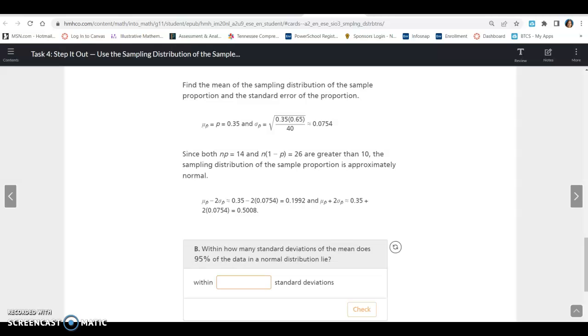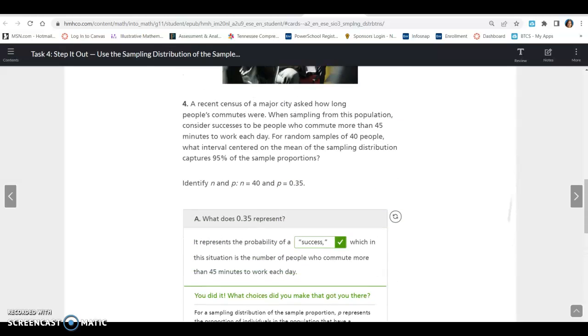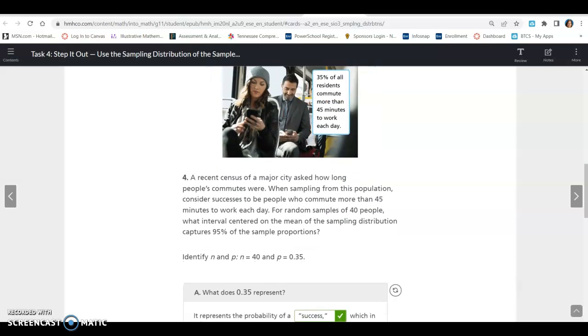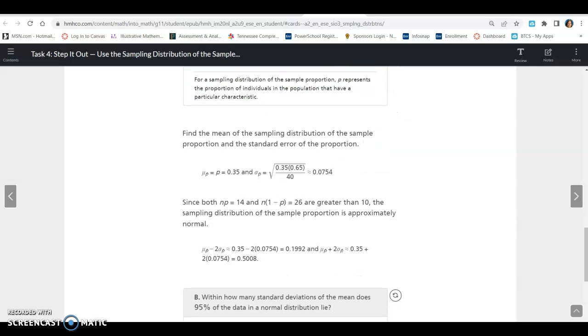Find the mean of a sampling distribution of the sample proportion and the standard error of the proportion. All right, so that's given using the formula given above. So if you go back up here and look, we're going to do the square root of P, that's our successes, times 1 minus P, divided by N, and in this case, N is 40.